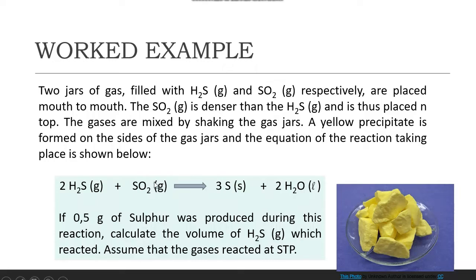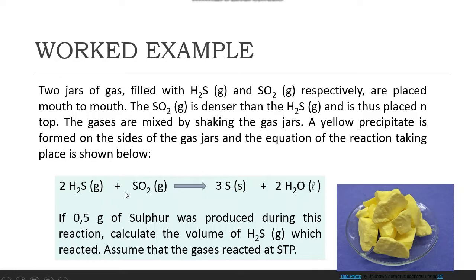What happens is the two gases react, and it forms sulfur and water. A yellow precipitate of sulfur forms on the sides of the gas jars. The equation of the reaction taking place is shown below.